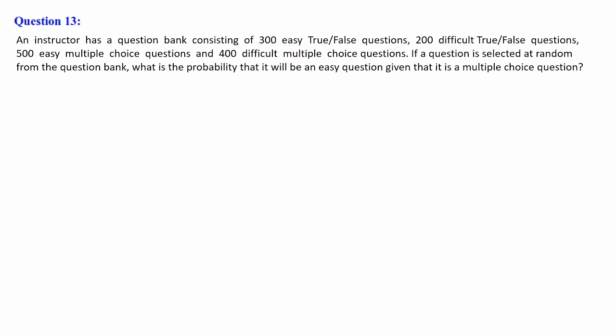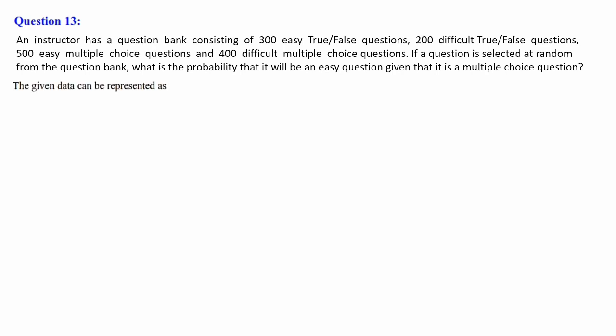The question bank consists of 300 easy true or false questions, 200 difficult true or false questions, 500 easy multiple choice questions and 400 difficult multiple choice questions. If a question is selected at random, what is the probability that it will be an easy question? The condition given is that it must be a multiple choice question.